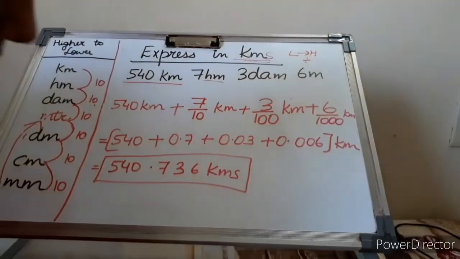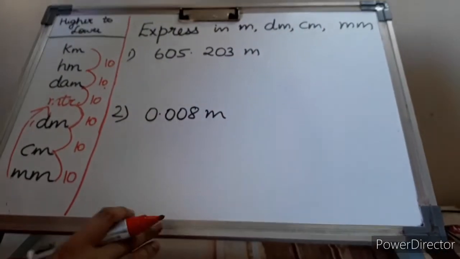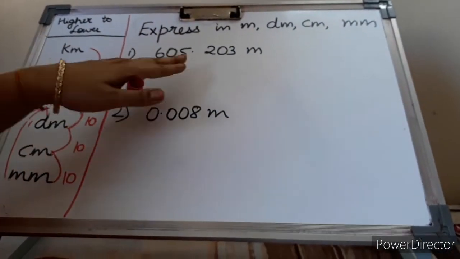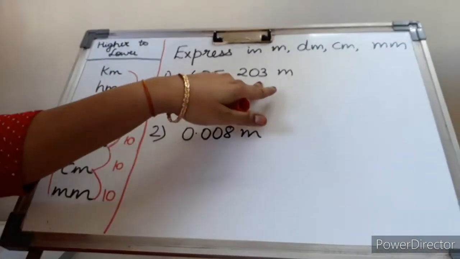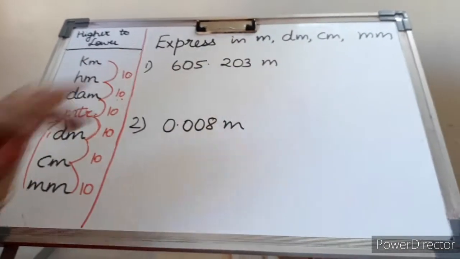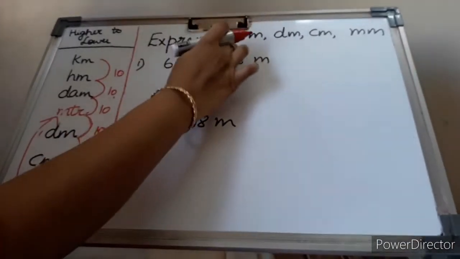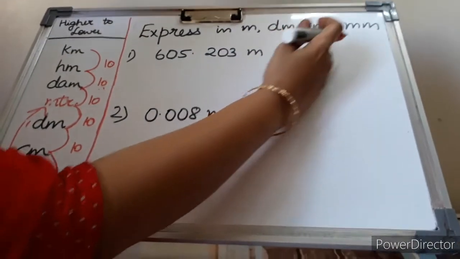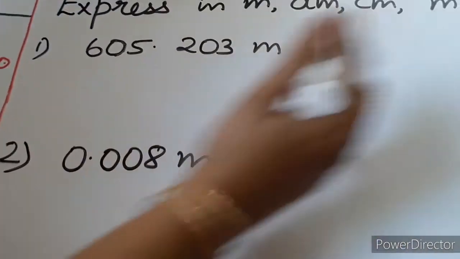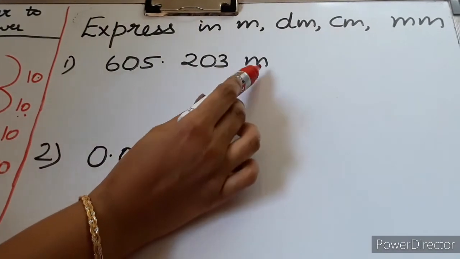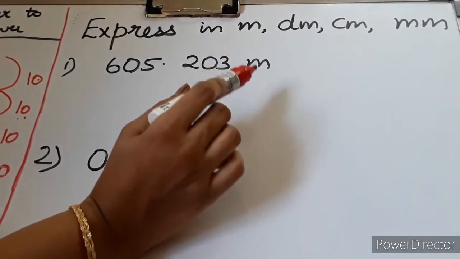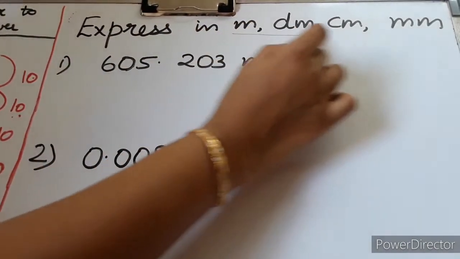Okay, coming towards the next type of question. How will we do this type of question? Again we know the decimal separates the higher value, and the right side will be the lower values. Express in meter, decimeter, centimeter, millimeter. First question is 605.203 meters. This is in meters, and we have to express it in these units.